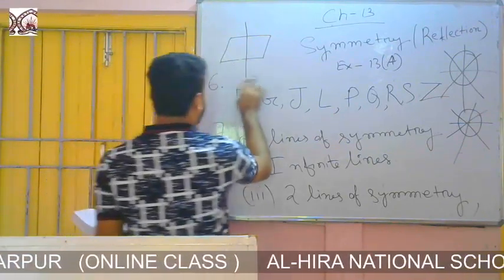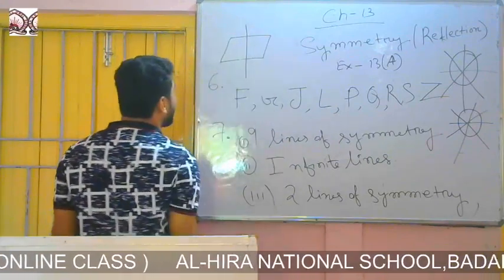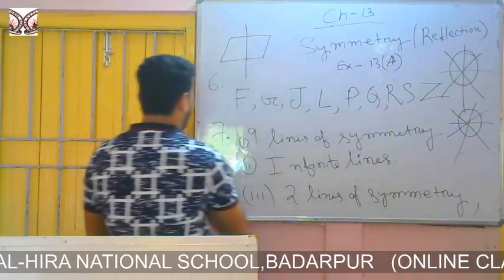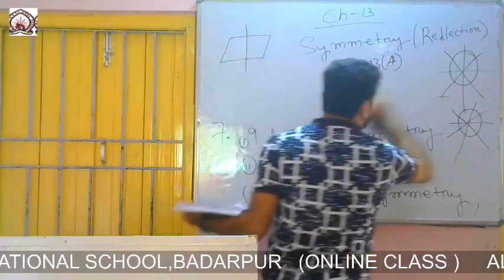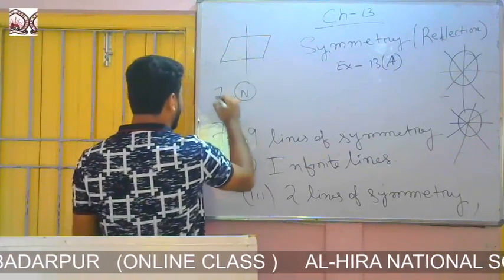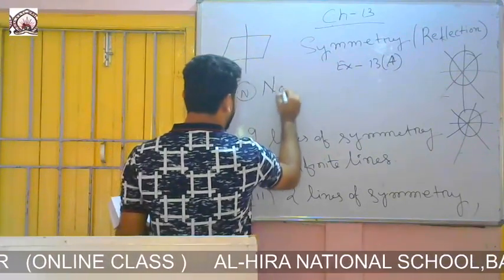So we cannot draw any symmetry line through the figure parallelogram. So write number 4 what? None.